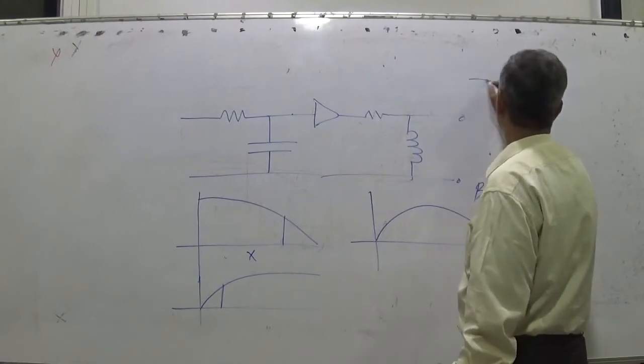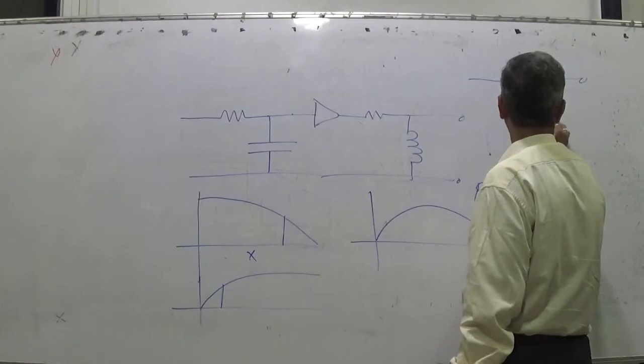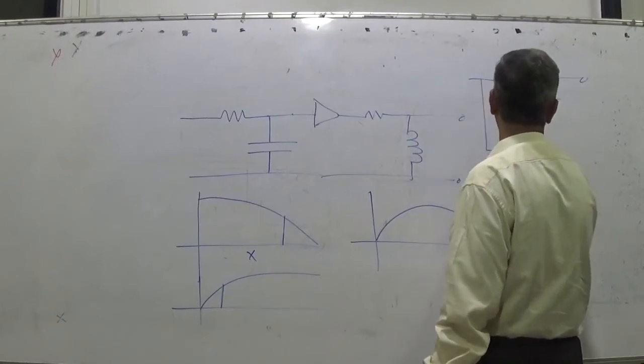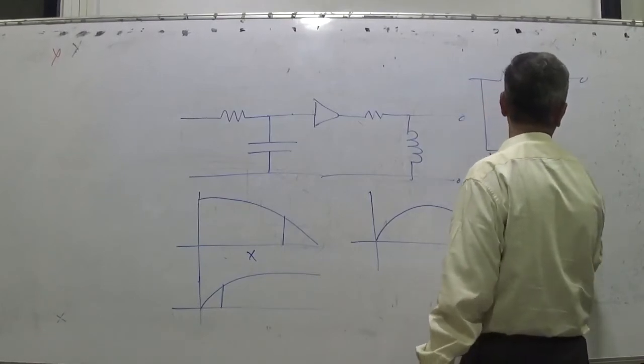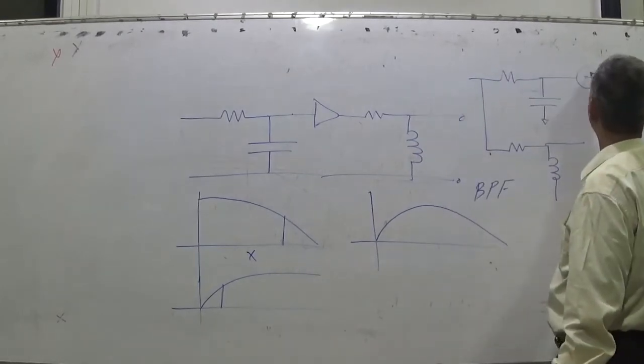Also, there is one more thing. You can have this low pass filter here, apply the same input to a high pass filter here, and then add these two.